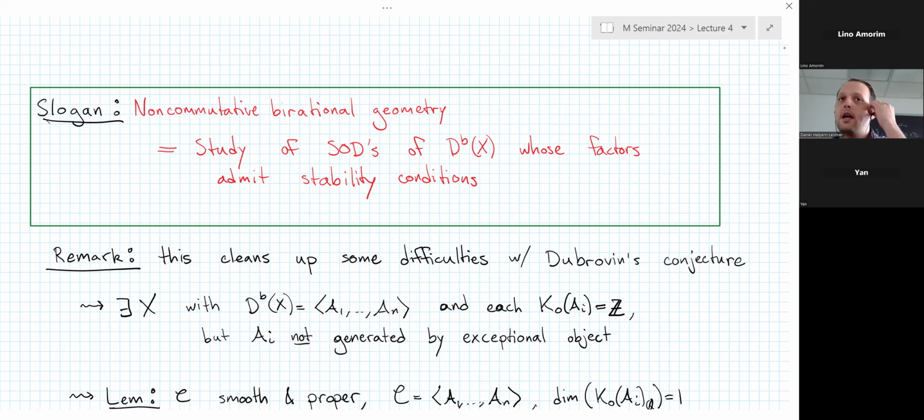It's an exceptional collection of line bundles, but they don't actually generate. Another way to think about that is that you can have a semiorthogonal decomposition of the derived category that has the correct length, and the K-theory of each factor looks like Z, but it's not coming from a full exceptional collection. So, I guess you could say you have these line bundles L1, and this category A_N is L_N plus a phantom.